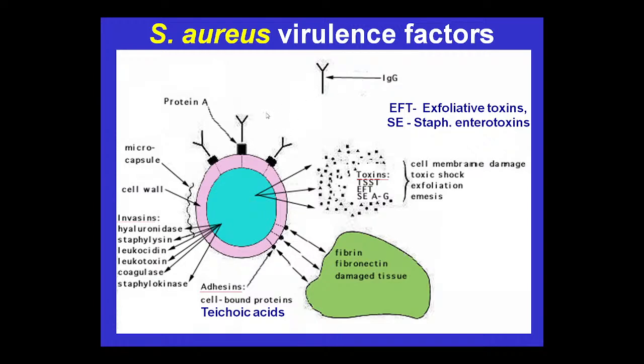But protein A has affinity to the Fc portion, and the cell of Staphylococcus aureus decorated in this way by immunoglobulins G will escape the recognition by other immunoglobulins, and so it may escape the labeling with antibodies and phagocytosis.